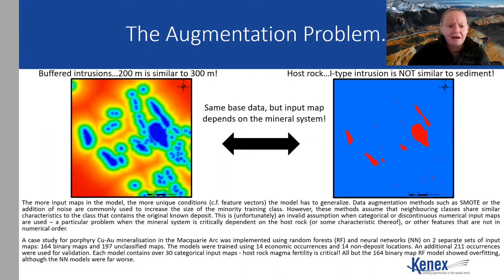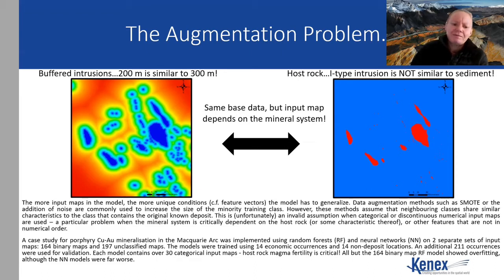Categorical type data, right? So this became a problem in the case study that I was working on, which was examining the porphyry copper gold mineral system in the Macquarie Arc in Australia, where I was looking at using random forests and neural networks to try and target this mineral system using different sets of input maps.